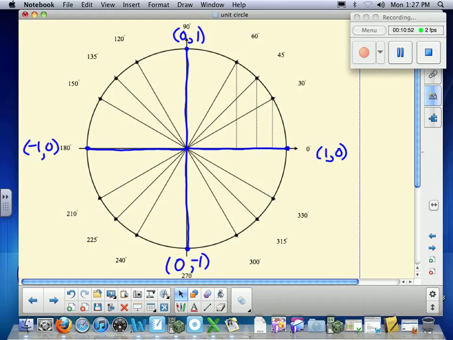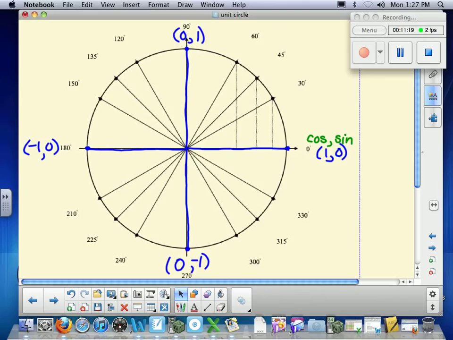Okay. The x coordinate is considered your cosine value, and the y coordinate is considered your sine value. So if I ask you, what is the sine of 0 degrees? You would tell me 0. If you put that in your calculator, or look at your chart from last week, it will say 0.